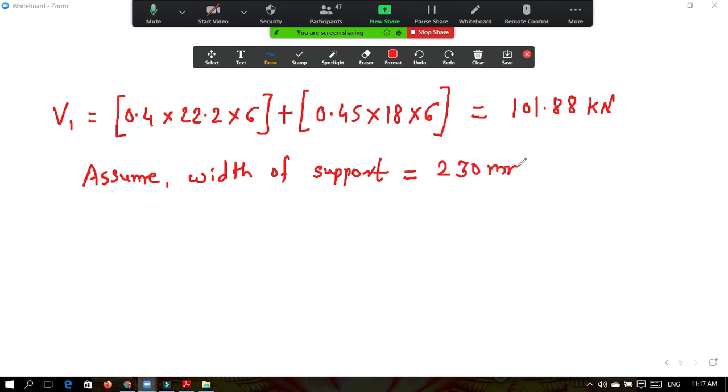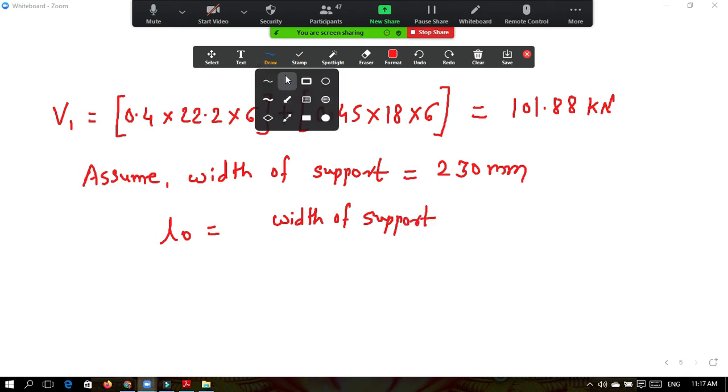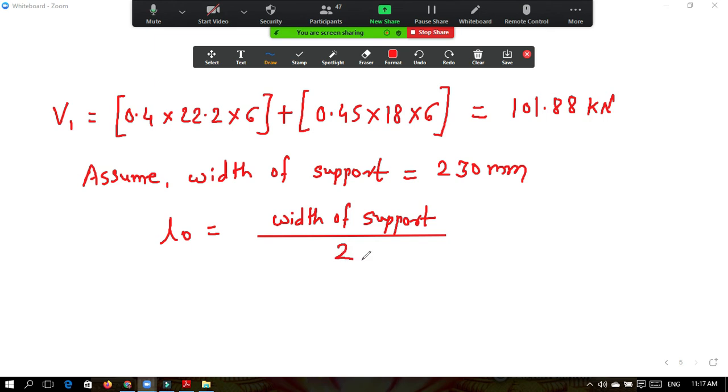Assume it as 230 mm. I am assuming it as 230 mm. So now L0 is equal to what is the formula? The formula is width of support divided by 2 minus clear cover.